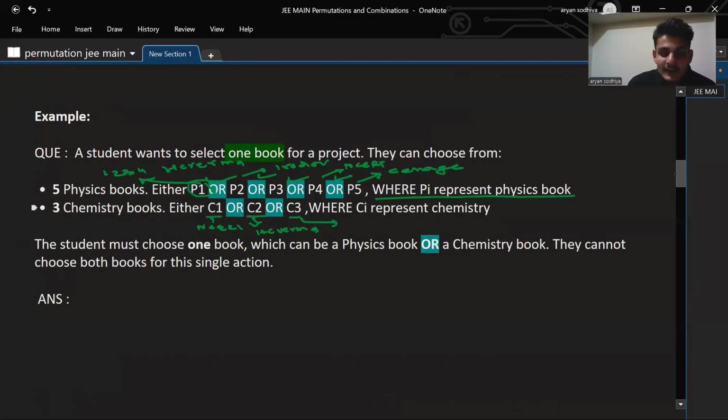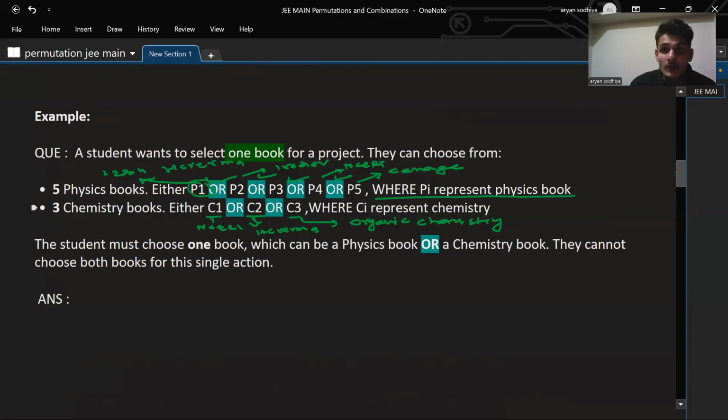Let's say it's an organic chemistry book, okay? So there are eight books. And the question is asking a student wants to select one book for a project. They can choose from five physics books, either P1 or P2 or P3 or P5, and three chemistry books, either C1 or C2 or C3.